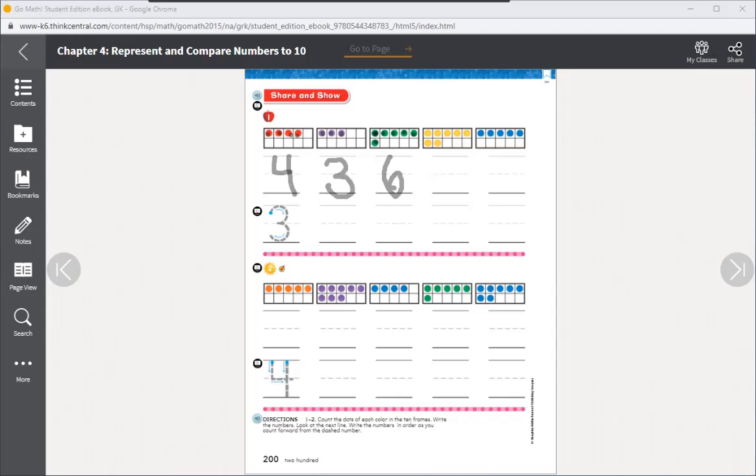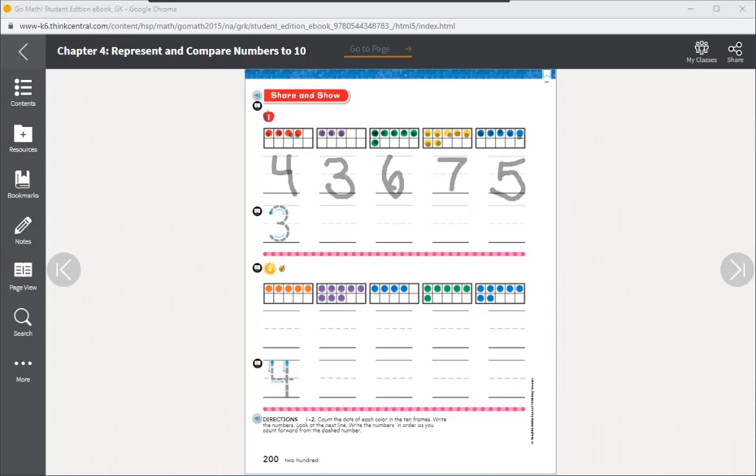Here we go. 1, 2, 3, 4, 5, 6, 7. How many do we have, Petra? 7. Beautiful. Okay, now the blue ones, Petra, in the 10 frame. 1, 2, 3, 4, 5. How many do we have, sweetheart? 5. Yes, we have 5.